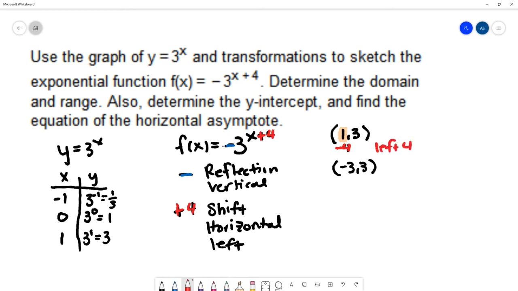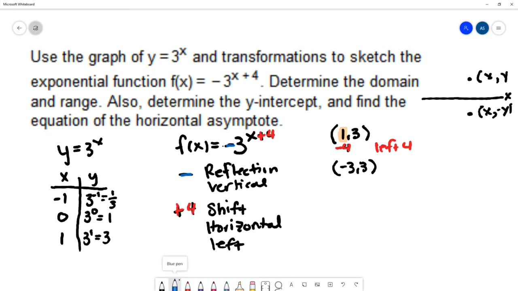But then I also want to do a vertical reflection. A vertical reflection will take anything that is above the x-axis and mirror it below, and anything below and mirror it above. So as far as the ordered pair goes, these two ordered pairs would have the same x-coordinate, so it's not changing the x-coordinate, but the y-coordinates are going to be opposite of each other.